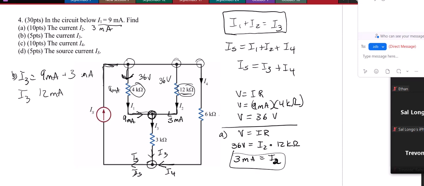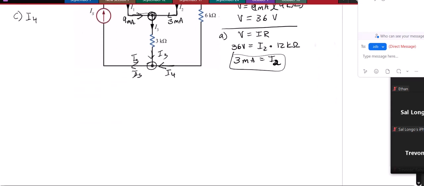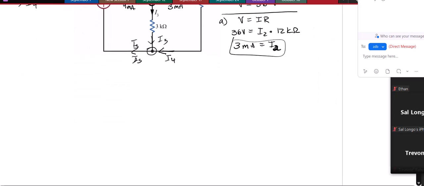Okay, and now we want the current I4. Okay, so now to get I4, there's lots of different ways to do it. But what I see is that this is just going to be some resistor simplification.